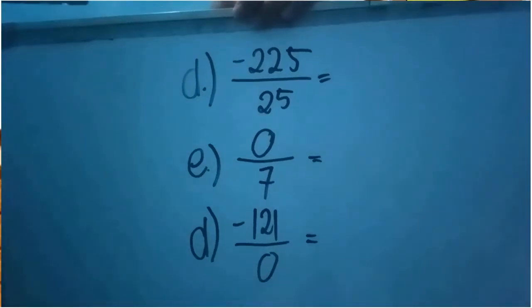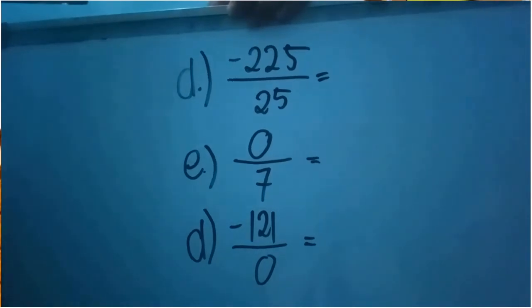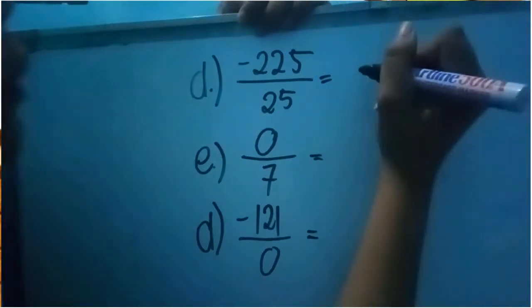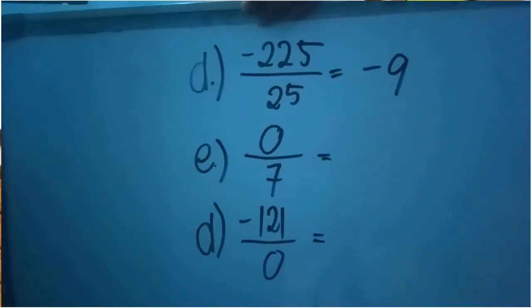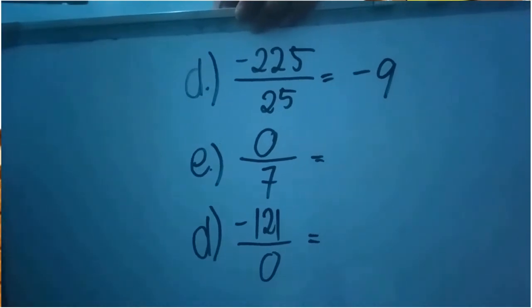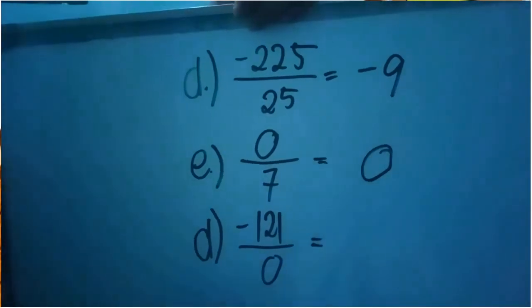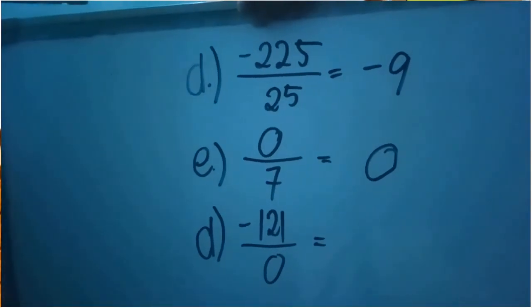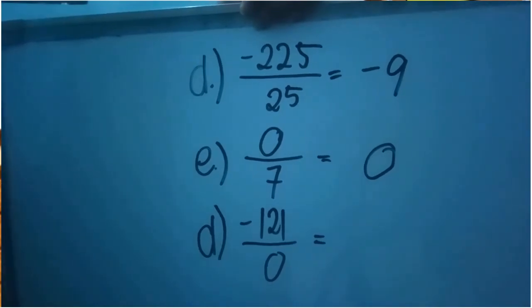Another example, letter D. Negative 225 divided by 25 is equal to negative 9. Then letter E, 0 divided by 7. If the numerator is 0, always remember your final answer is equal to 0. Next one, letter F, we have negative 121 divided by 0.